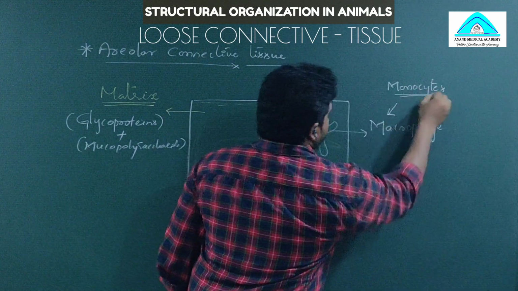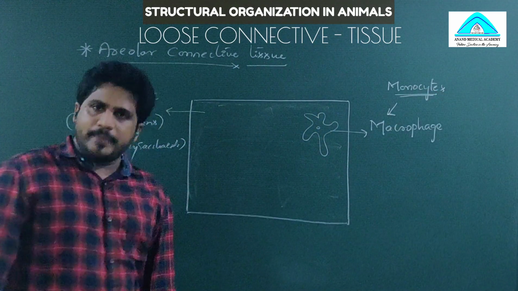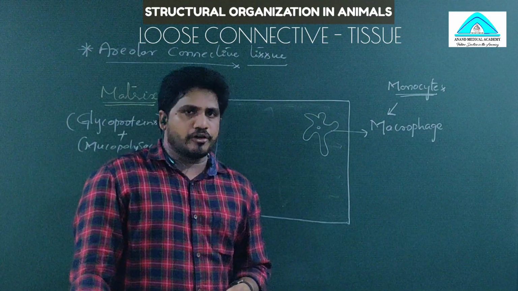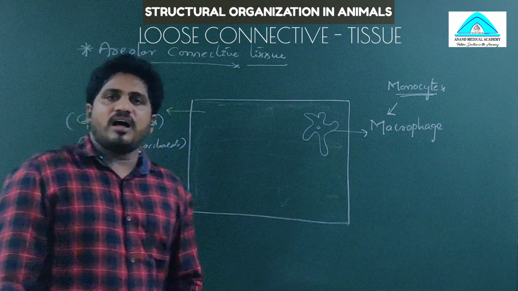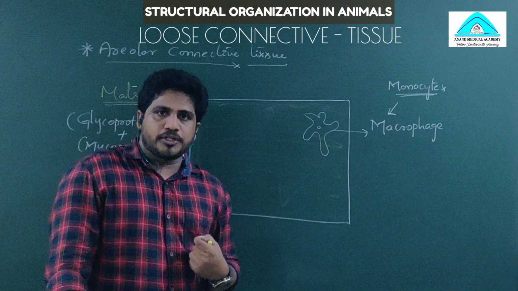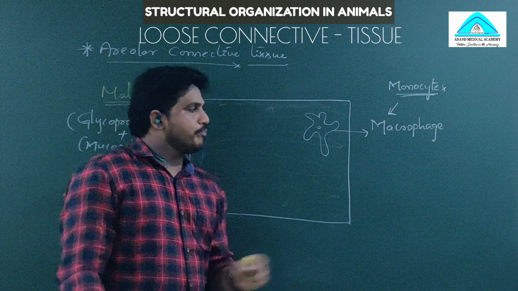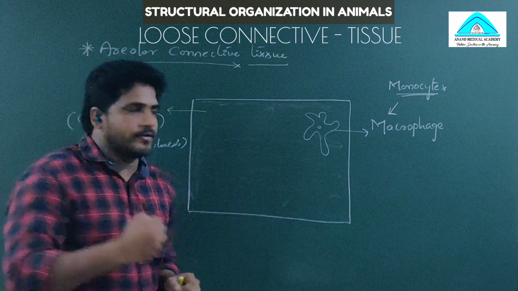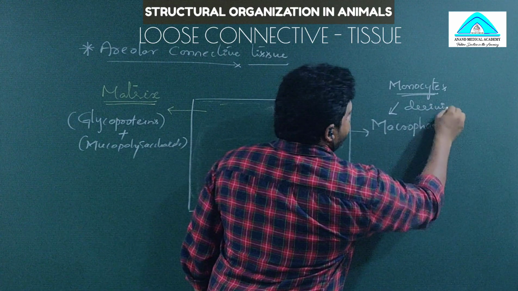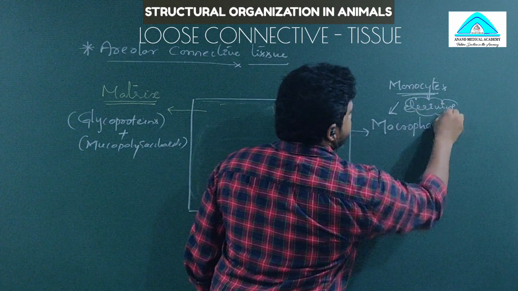Generally, you have knowledge about the WBC, white blood cells. In white blood cells, phagocytic cells are there, monocytes and neutrophils. Monocytes are producing these types of cells in the areolar connective tissue. If you want to understand it very clearly, macrophages are derived from monocytes. So it is a very important point.